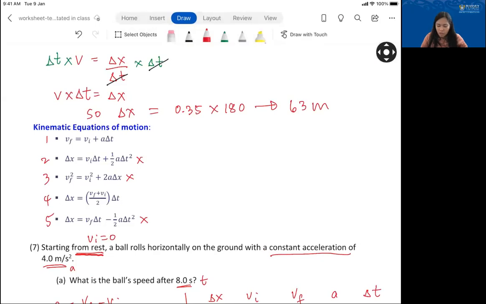So how about we use equation 1? Okay, are you happy to use equation 1?